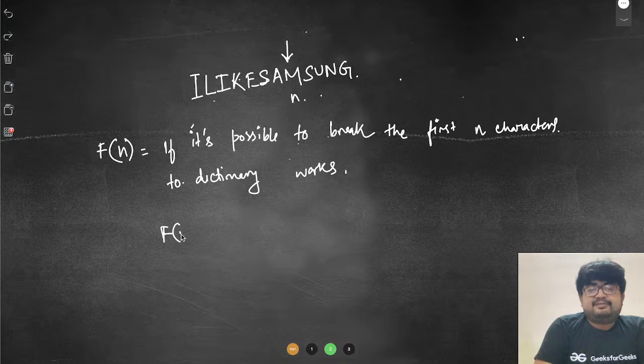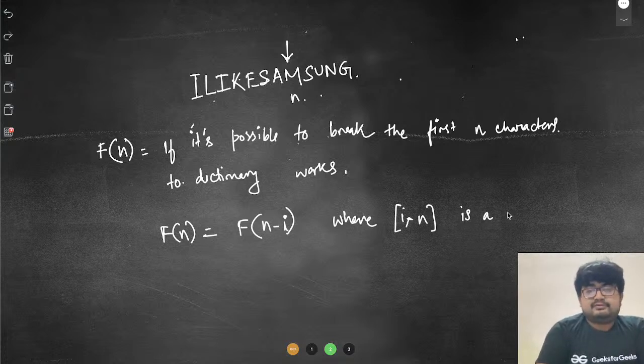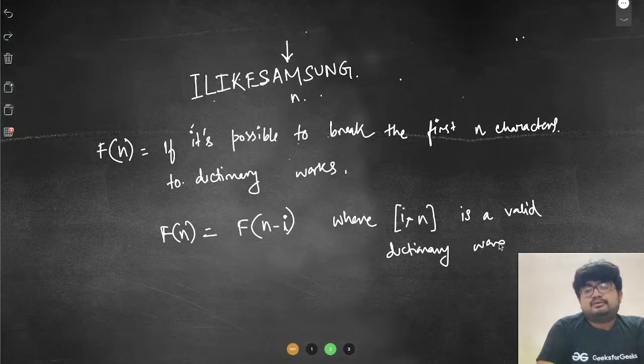So fn in our case will be equal to fn minus i, where i to n is a valid dictionary word, and it will be the summation of, or something like that, or operation.